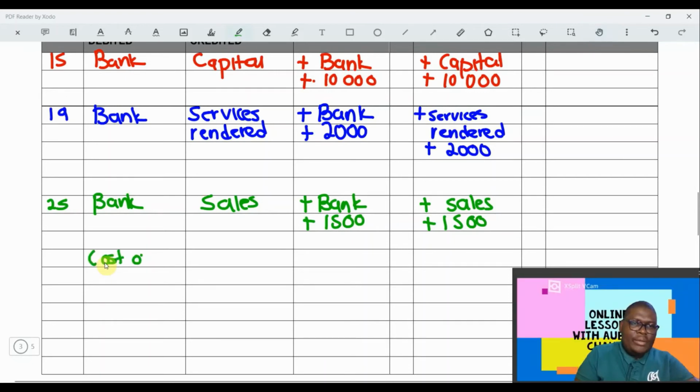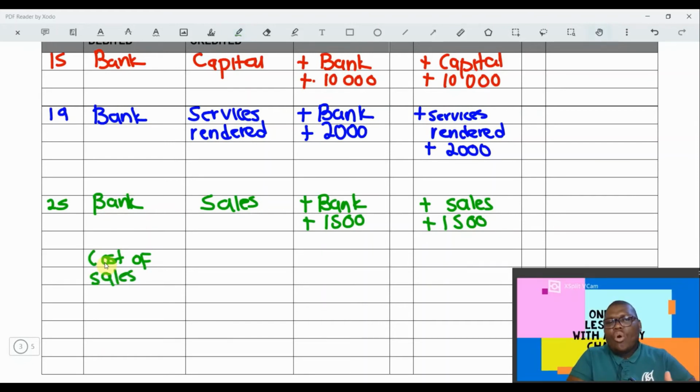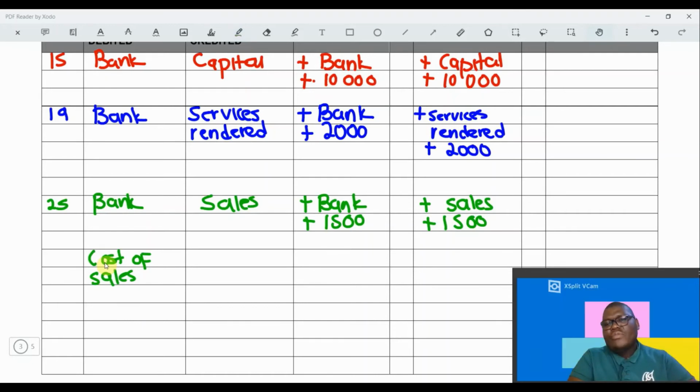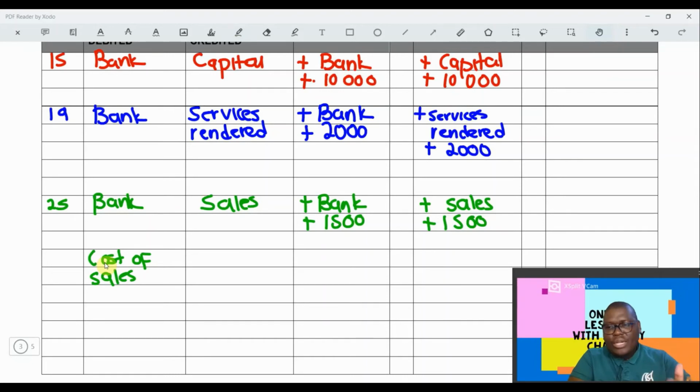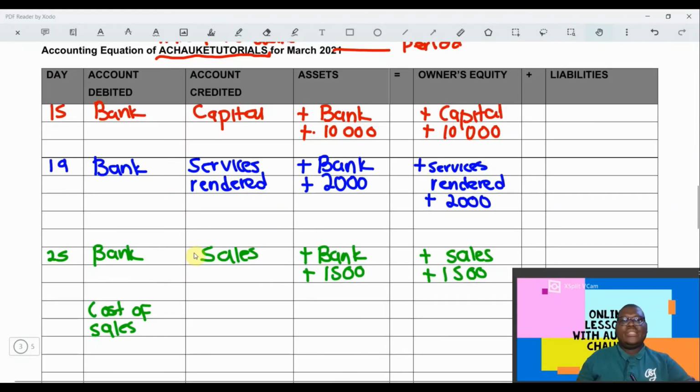I will explain why. Remember, cost of sales means cost of goods sold, right? So if cost of goods sold increases, your net worth as a business owner reduces, which is why the owner's equity will be debited. If it's debited, it means we're going to reduce it.